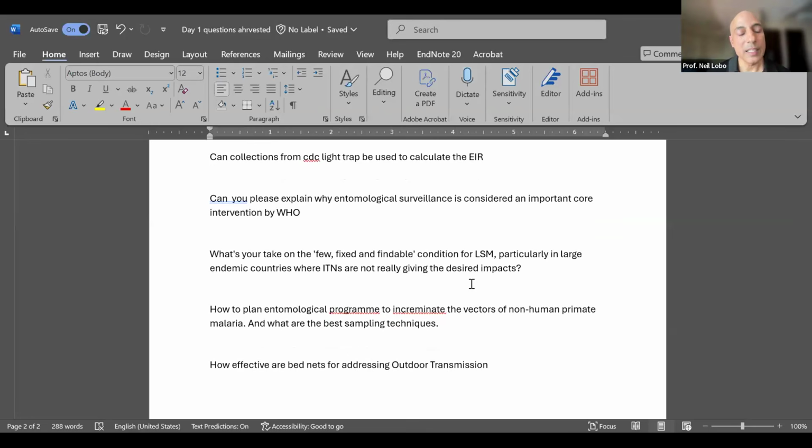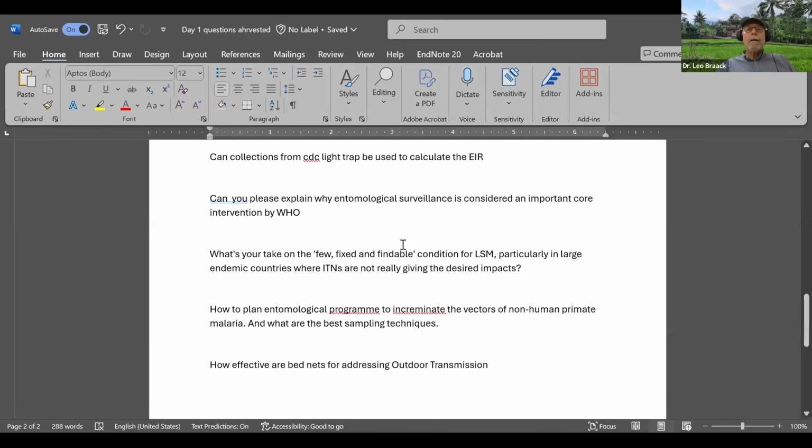So it's a core intervention because, just to briefly repeat, you understand the drivers of transmission, you understand what interventions are best to put into place, you understand how to evaluate your interventions, you can understand how to optimize your intervention strategies, and you also understand what other interventions you might be able to put in or what you cannot do. You understand where transmission is coming from, you understand how you can protect people, and you understand the gaps in protection that are resulting in your continued transmission. And technically, that's all the data you sort of need to know to understand how to implement vector control interventions best.